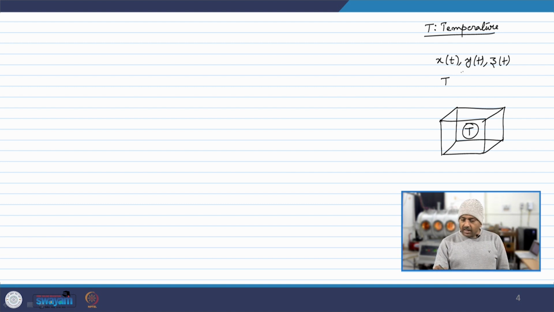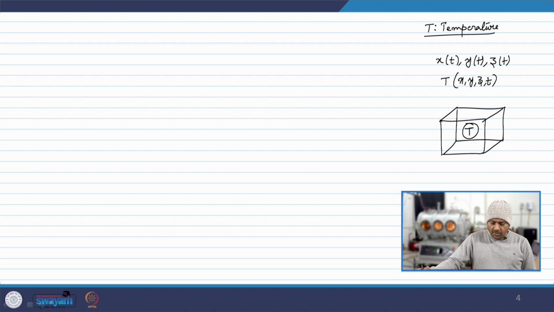So, now the temperature can be a function of position x, y, z as well as time. Basically, we are trying to account for the change in temperature as we follow the motion of the fluid, along the direction of the fluid's movement.